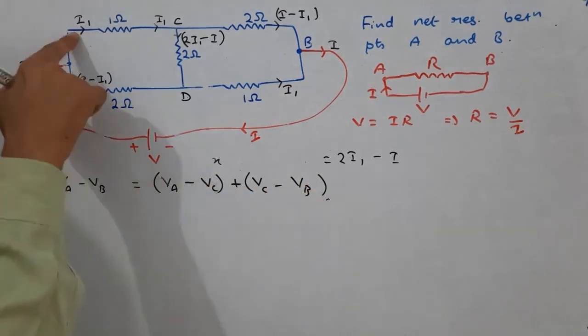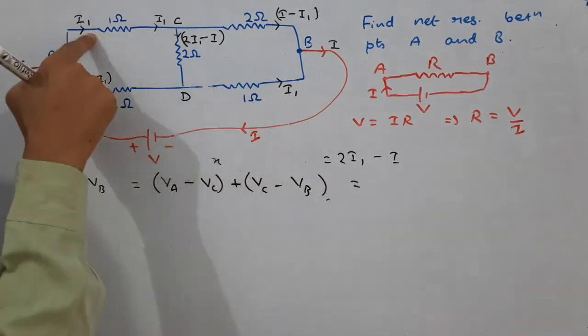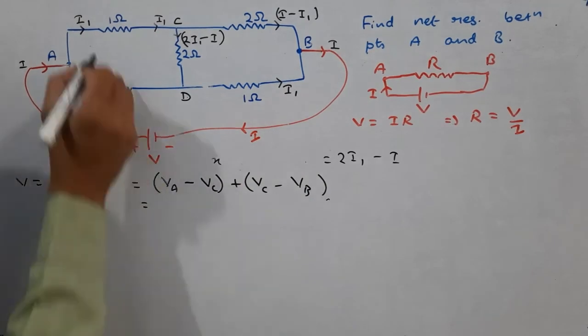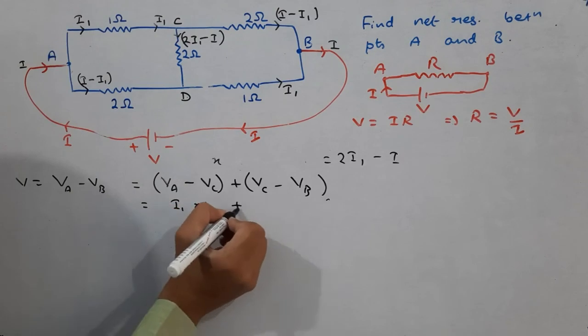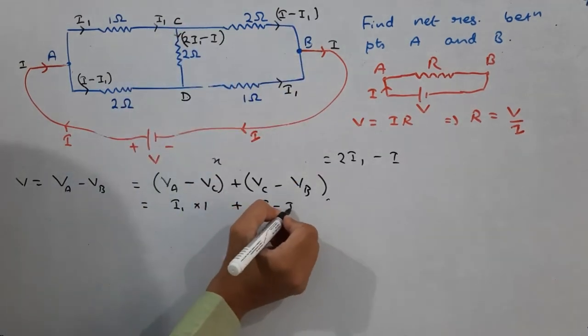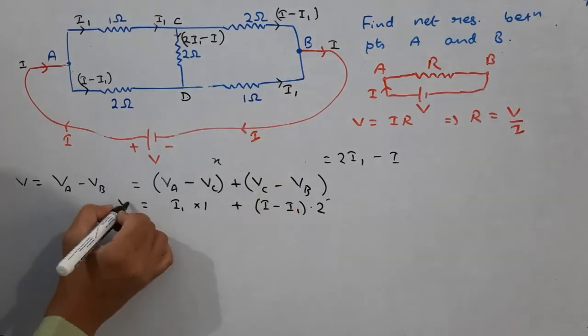What is VA minus VC? This is the potential difference between these 2 points. Ohm's law says that is equal to, I am writing here, current into resistance. What is the current? I1. And what is the resistance? 1. VC minus VB. What is the current? I minus I1. And what is the resistance? 2. So this is our V.